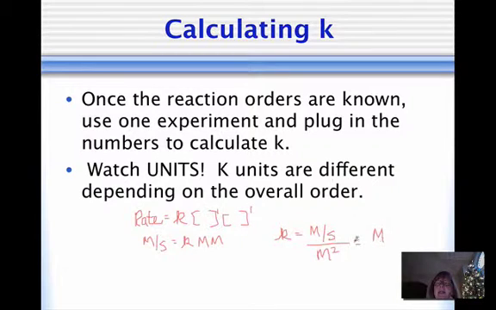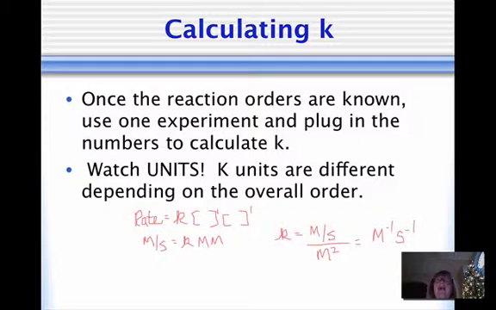Well, when you do all the simplification, it's molar to the -1, seconds to the -1. All right, so that is how you calculate K. You're doing that for homework, making sure you have the right unit. In class, we're going to have you calculating what the units for K would be for third order and 0 order and so forth.